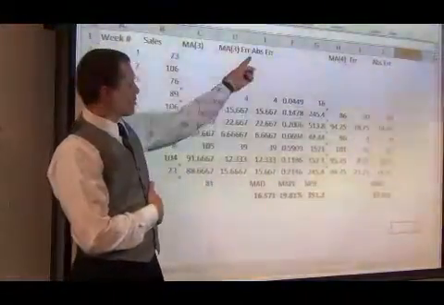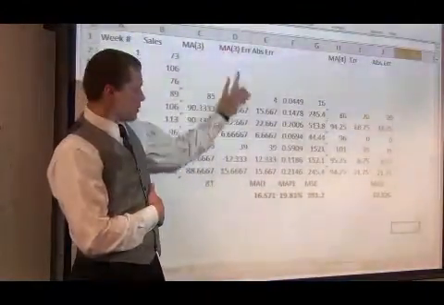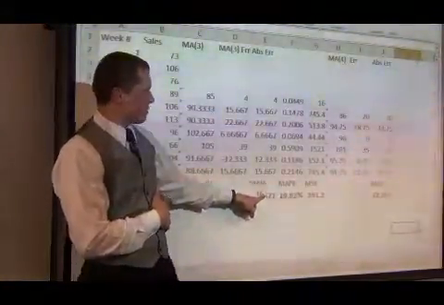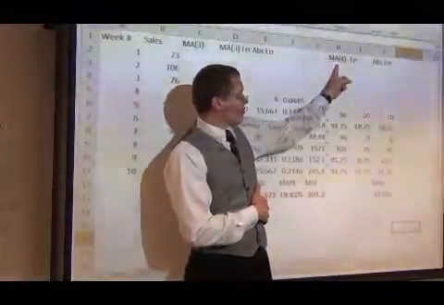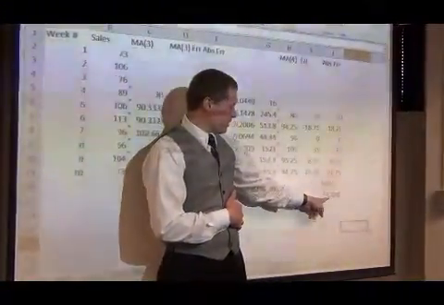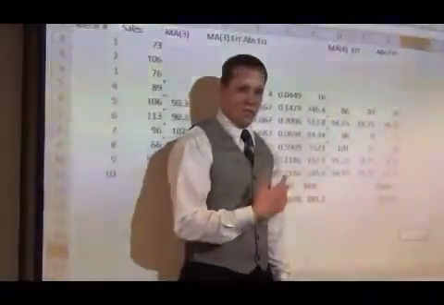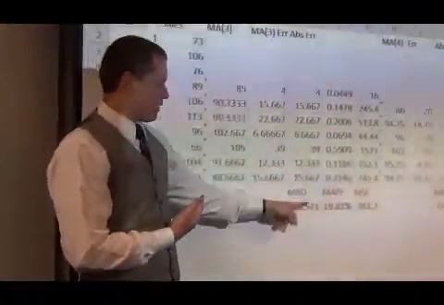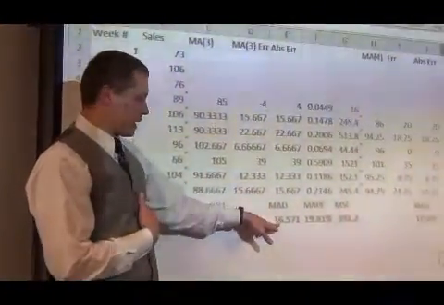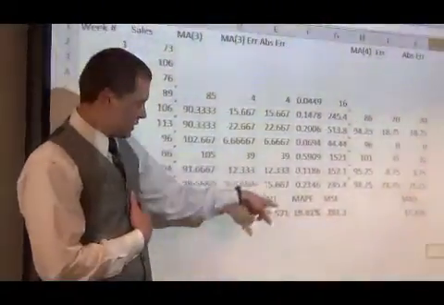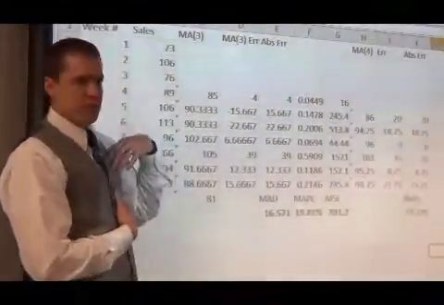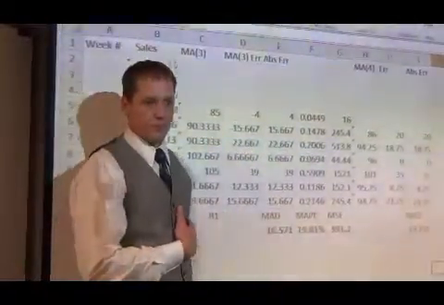So a moving average of 3 weeks gives us a mean absolute difference of 16.5. A moving average of 4 weeks gives us a mean absolute difference of 17.3. So it seems, just looking at that, a 3-week moving average would be better. We're off by a little bit less, albeit not a lot, if we use 3-week moving averages instead of 4.